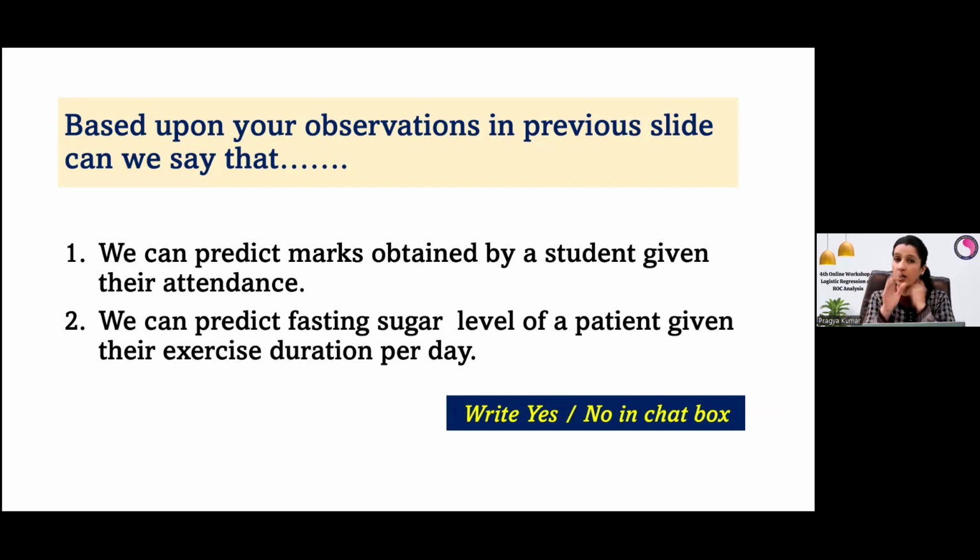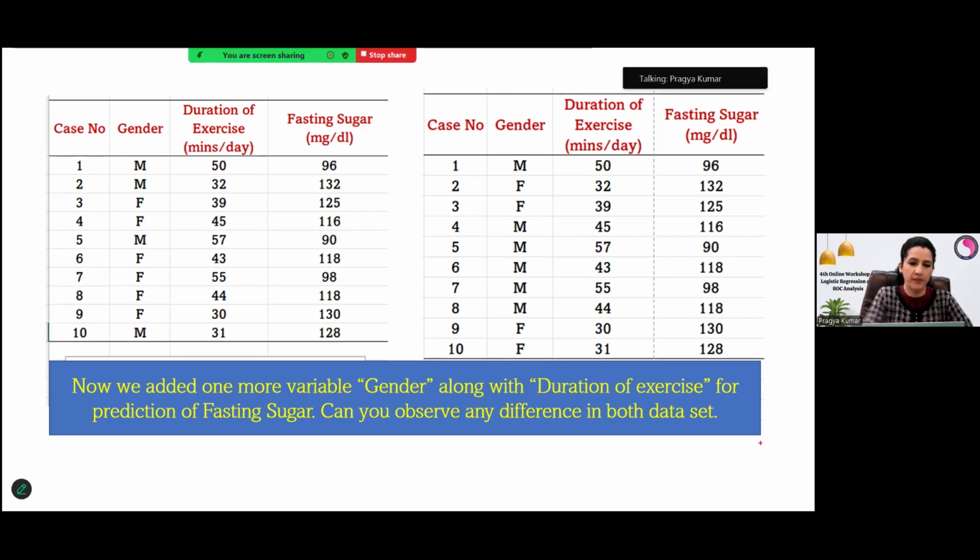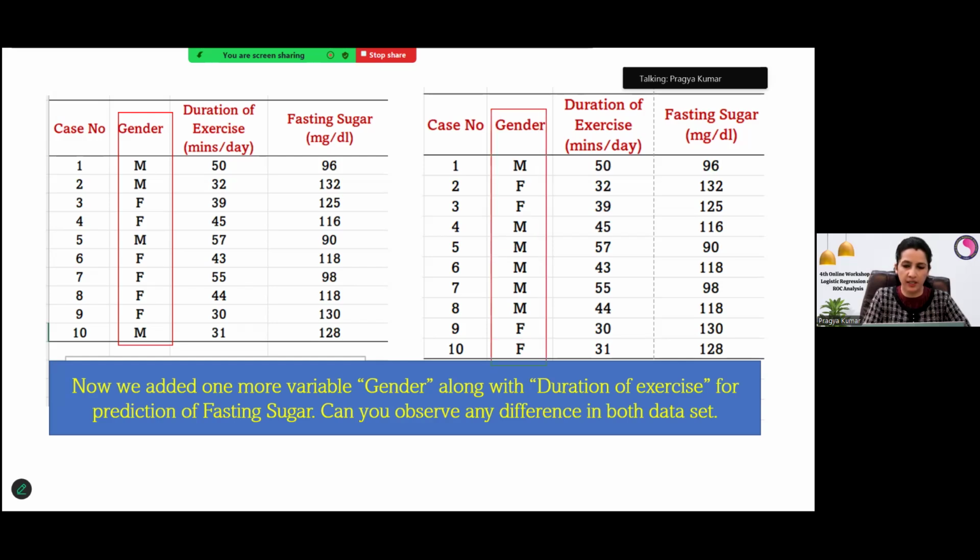Right now, for both these cases, I'm only taking a single predictor variable, in predicting the fasting blood sugar and also the marks obtained by the students. But now we have added one more variable, gender. In the previous one it was not there, but in both the cases, whether it is marks obtained or fasting blood sugar, I have added gender.